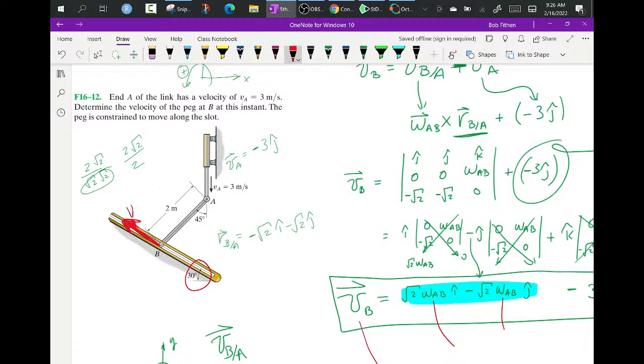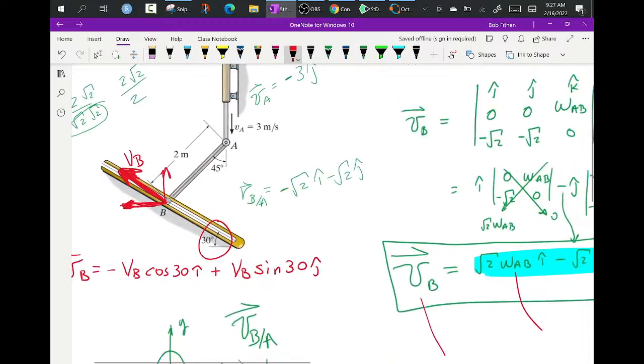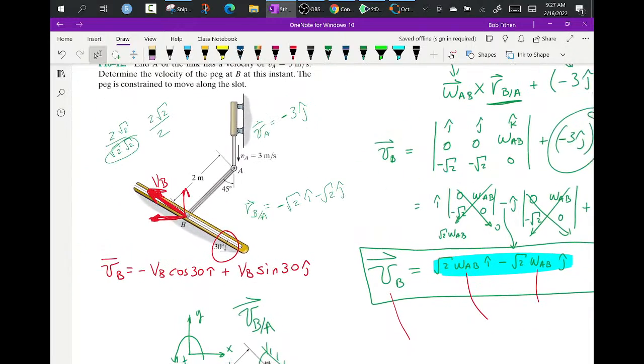So I'll say capital V, B, and the velocity of B will be the component this direction minus the magnitude of velocity times the cosine of 30 I plus, because there's a component going up, velocity of B sine of 30 J. Now that I've done that, I'm going to do this.